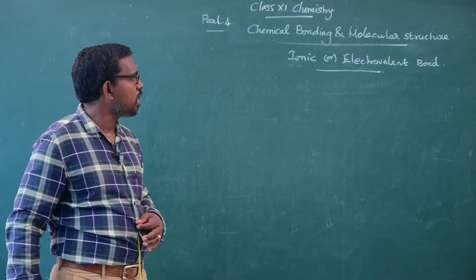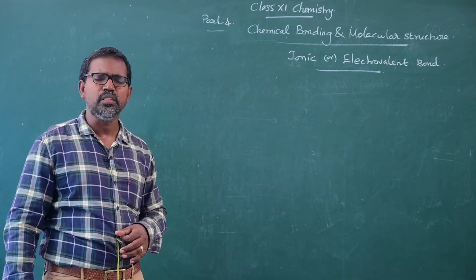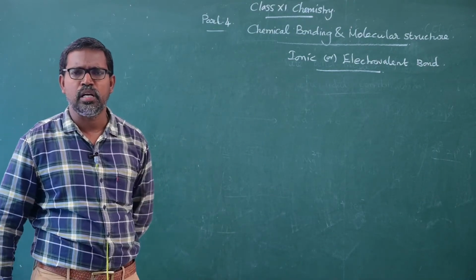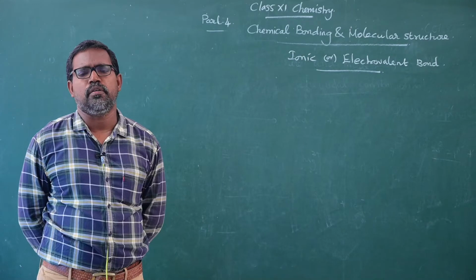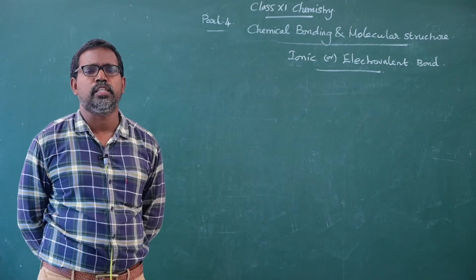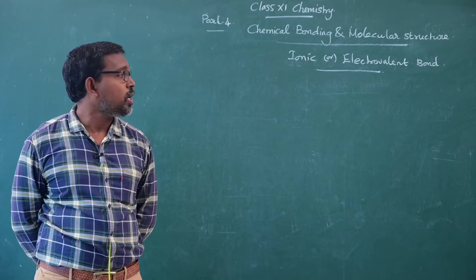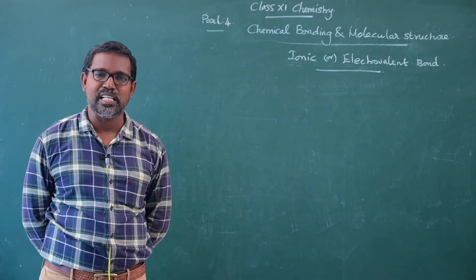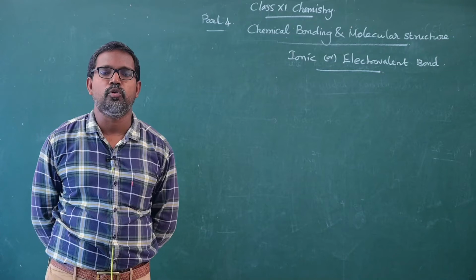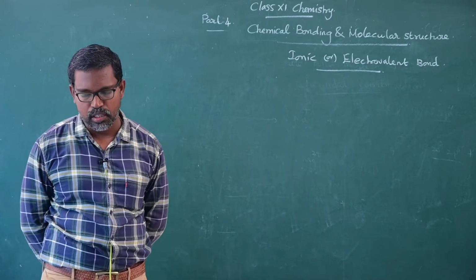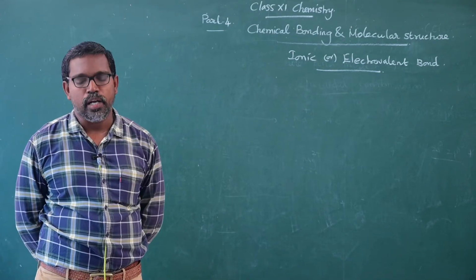First of all, ionic bond. How is this ionic bond formed? Simply say, what is an ionic bond? Complete transfer of electron from one atom to another atom is called ionic bond.